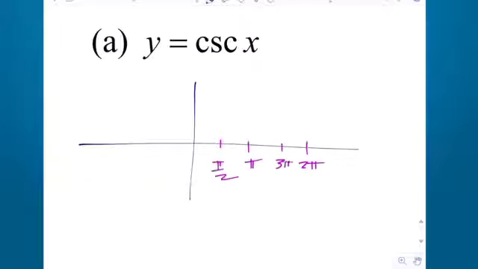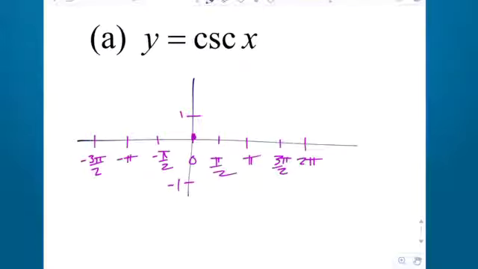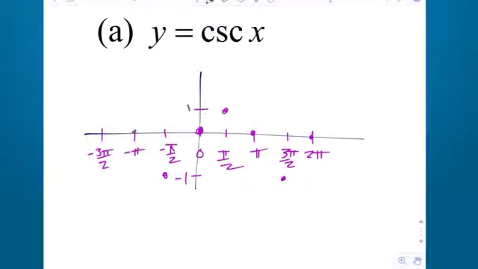And then I got 3 pi halves. I got 0, negative pi halves, negative pi. I'll do a few more to the left than necessary so we can eyeball symmetry. And then I go up to 1 and down to negative 1. So I'm still pretending that it's sine. Sine is axis, high, axis, low, axis. And then working backwards, low, axis, high.